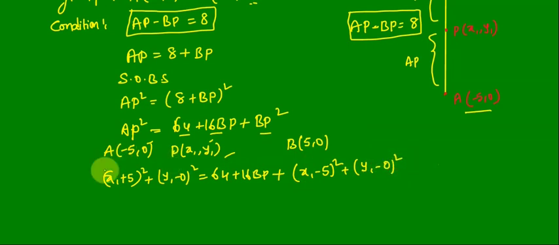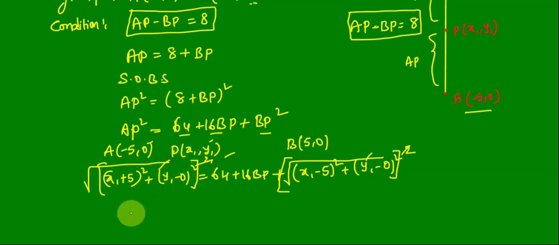Now here this should actually come under a square root and whole square. This one also has a square root whole square. Then the square root gets cancelled here, and here also the square and root get cancelled. We are left with (x1 plus 5) whole square.